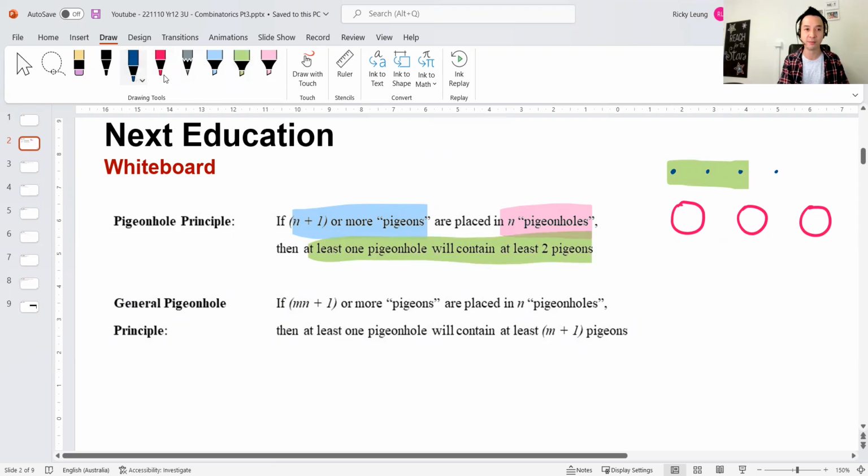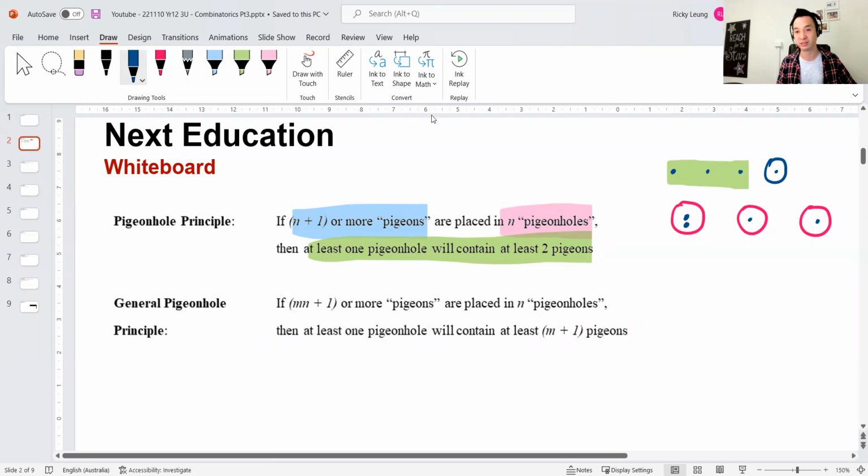What that means is that if I spread the first layer and allocate them to each bucket or each pigeonhole, then the remaining item here has to go somewhere, right? And by placing it into any one of the boxes, the pigeonhole principle is proven: at least one pigeonhole contains at least 2 pigeons.